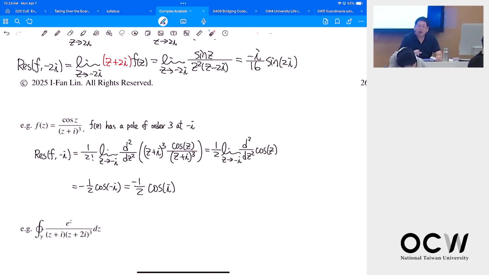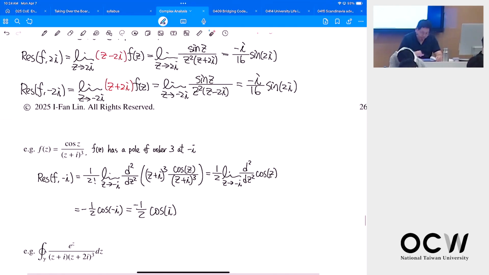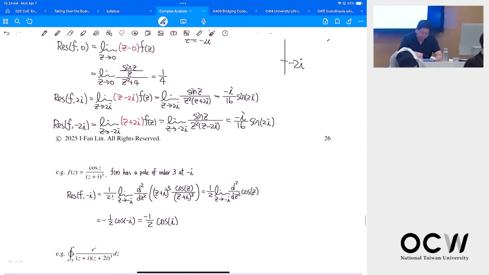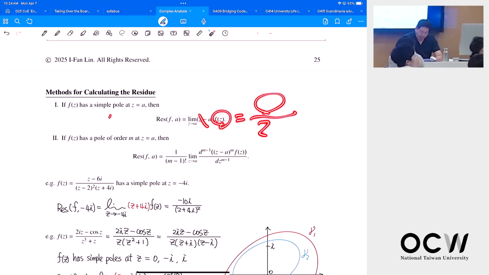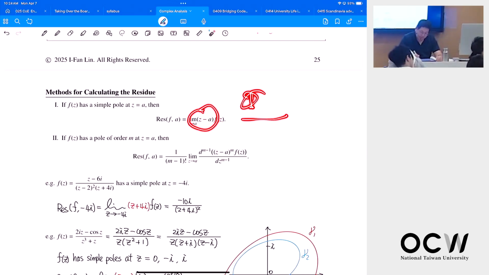How do we find the residue for a pole of order more than 1? You can see here, the trick is I want to cancel out your denominator. So for the simple pole, f of z will be something divided by z minus a. So I times z minus a, so I can cancel it.